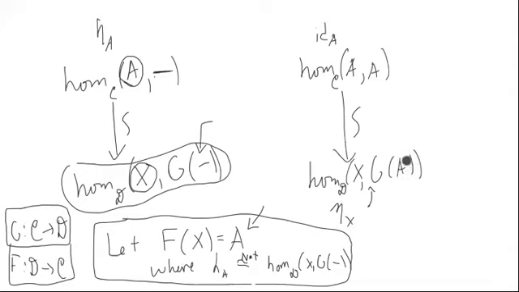Now, what if we actually had a functor? Let's just assume we had a functor F, where the output of x was actually A. So F of x is equal to A. Now, if we did have a functor like that, and we had a natural isomorphism, not just transformation, but a natural isomorphism between the two functors when we had F of x up here and x down here, and it was even natural in both components, so not just if the functor is defined over here, but even if it was defined with input over here, then the two functors F and G will be considered adjoint to each other.